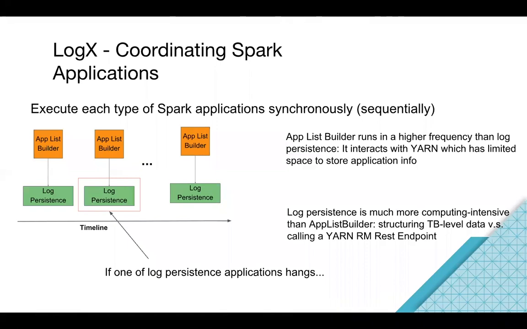The simplest way to coordinate these 2 types of Spark applications is to execute them synchronously, or say sequentially. We execute the first one, app list builder, and then log persistence, and then app list builder again. But here the problem is the app list builder has to run at a much higher frequency than log persistence, because this application is actually interacting with YARN.